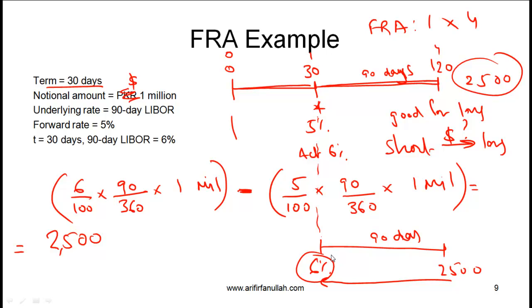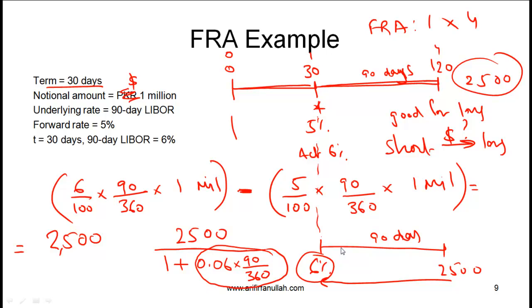So the way you can do this is simply find the present value of 2,500, which would simply be 2,500 divided by 1 plus the interest rate for the 90-day period. This is the convention used in FRAs.